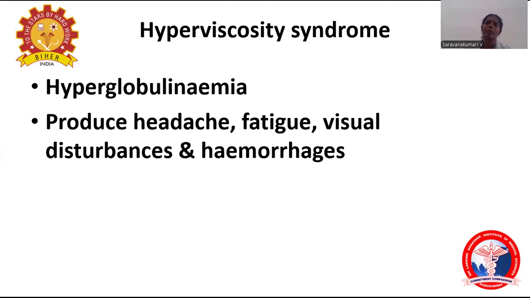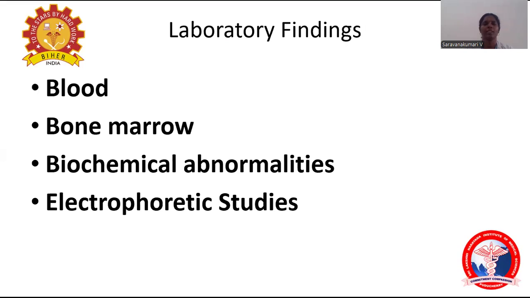Multiple myeloma patients, because of the M proteins, can also present with hyperviscosity syndrome. This hyperviscosity is mainly because of the hyperglobulinemia, and it produces headache, fatigue, visual disturbances, and hemorrhage.